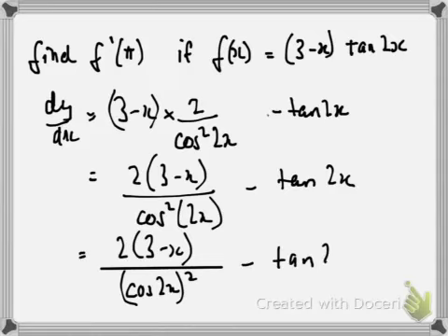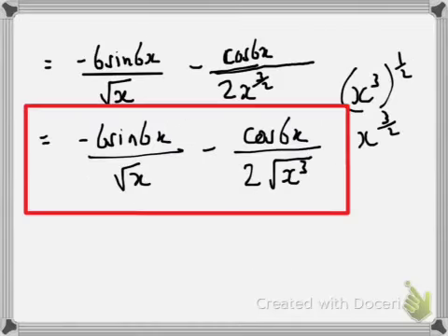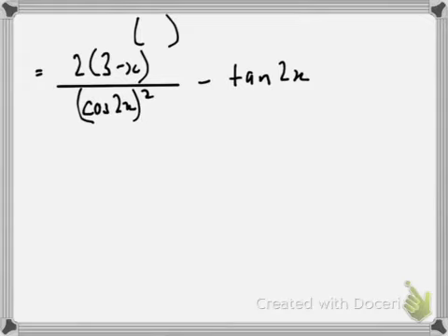Fantastic, we're now ready to do our substitution. We've now found f dash of x. So, put that over. As I said, we're ready to find f dash of pi, which is the question.